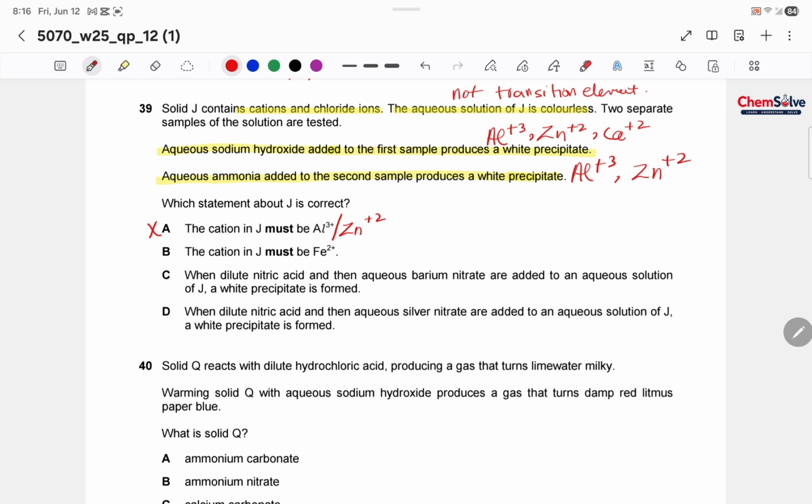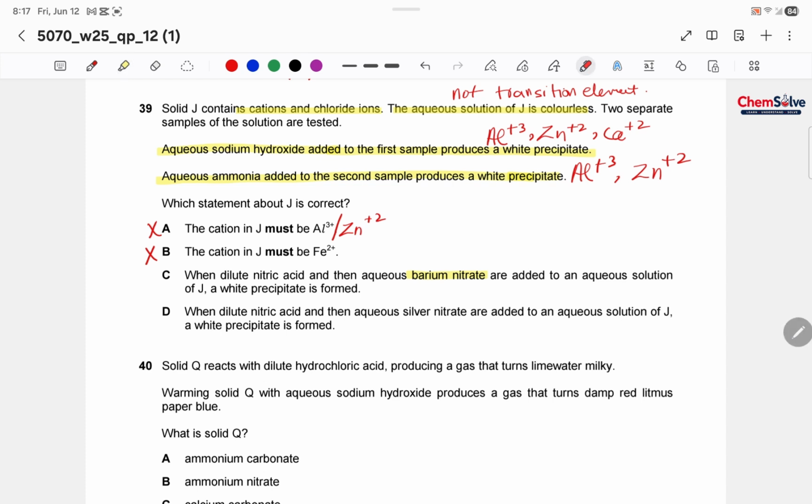The cation in J must be Fe2+. Not at all. We just discussed there's no transition element. It is forming a white precipitate. In case of Fe2+, a green precipitate is obtained. So this is not the correct one. When dilute nitric acid and then aqueous barium nitrate is added to an aqueous solution of J, a white precipitate is formed.